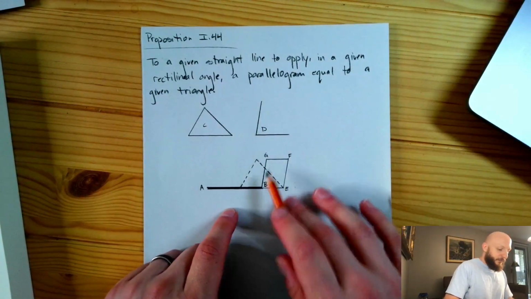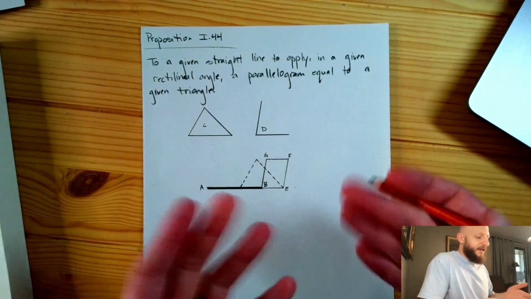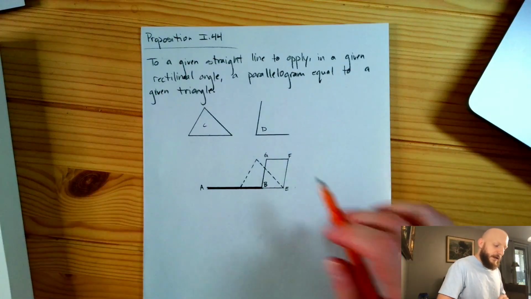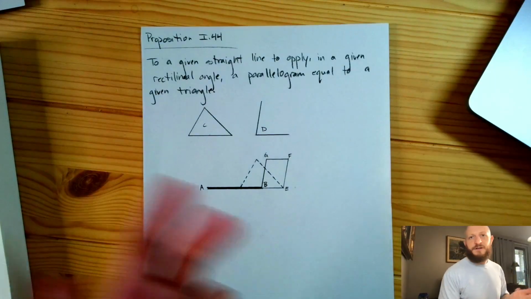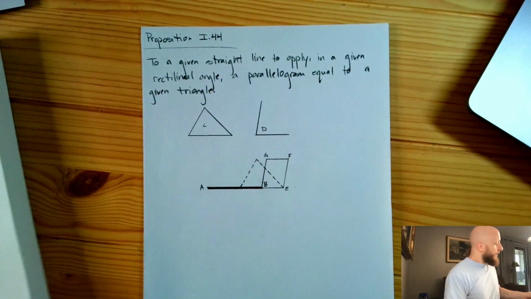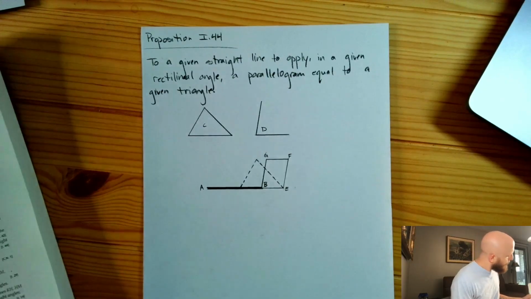I've already done a little bit of work, just the first few steps, so that I could get a little bit of extra precision in my diagram, and so that the video didn't turn out to be super long. Because the very first step says, let the parallelogram BEFG be constructed equal to the triangle C in the angle EBG, which is equal to D. Let it be placed so that BE is in a straight line with AB.